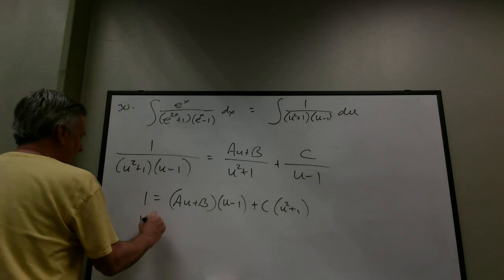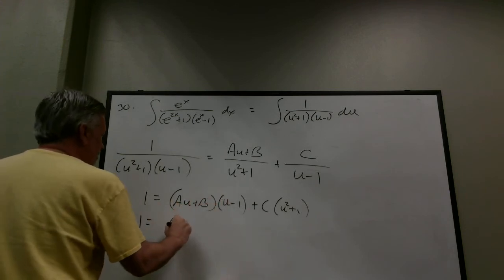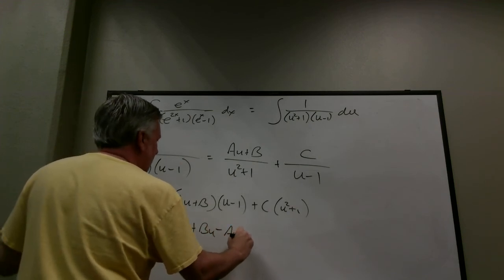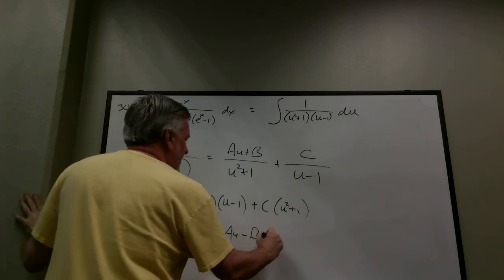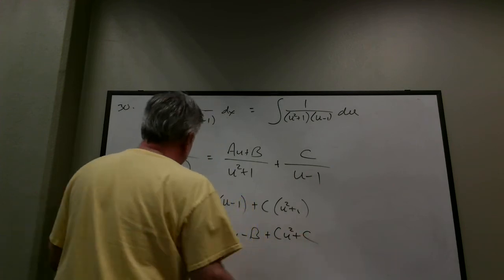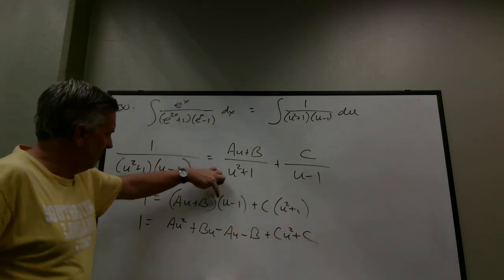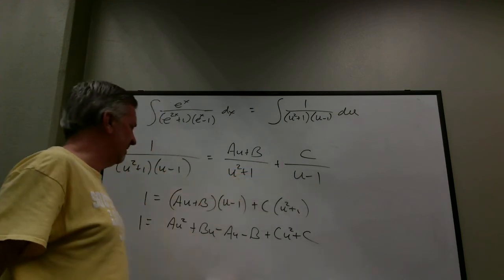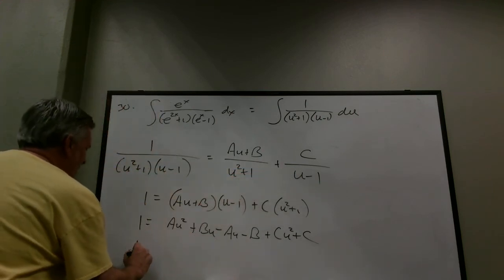So let me multiply out this side. I get au squared plus bu minus au minus b plus cu squared plus c. Okay, so I have two u squared terms.